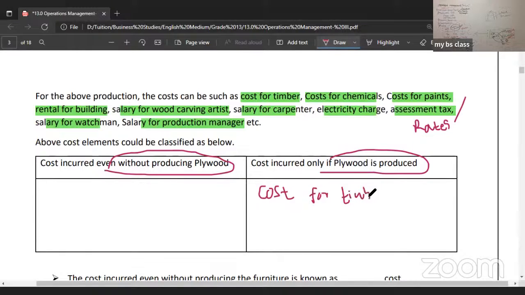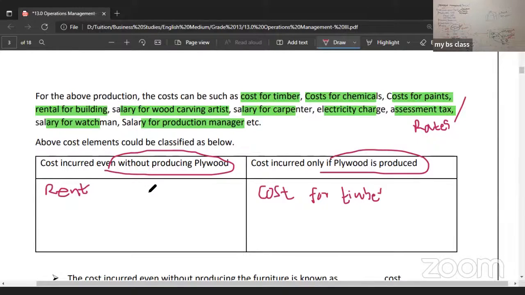If I pick another one here, something like the rental, then whether I produce or not, I will have to pay the rent. So rent for the building. So cost incurred even without producing the plywood, right? Now guys, what do you think? Can we quickly fill it in? So in this way we can divide the cost elements into two parts. Cost incurred even without producing plywood.